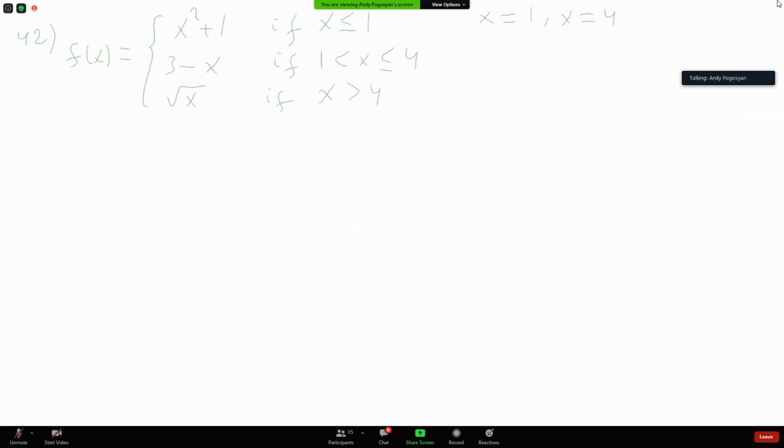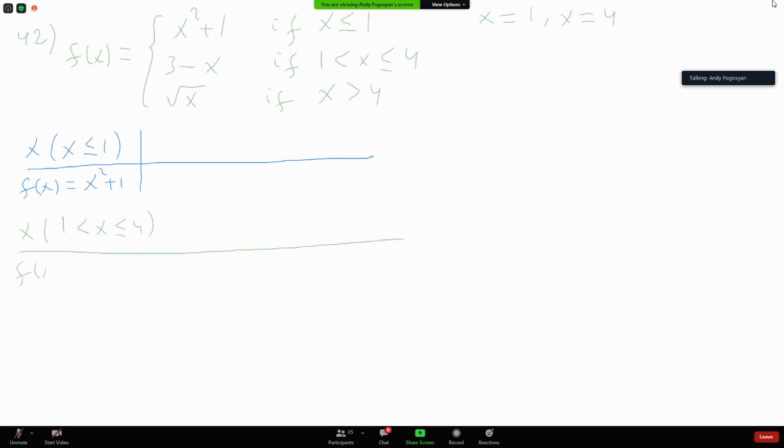So x is less than or equal 1: f of x is x squared plus 1. Graph this one. For x between 1 and 4, with 1 not included and 4 included: f of x is 3 minus x.